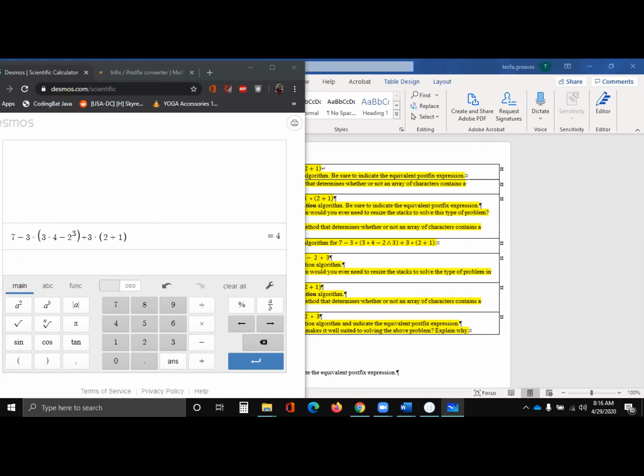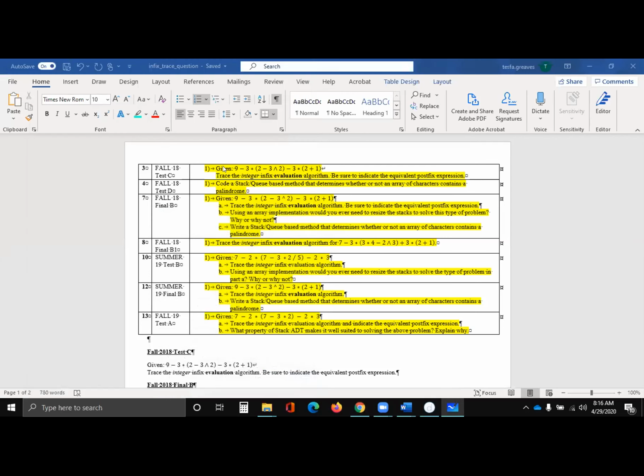We have to be very precise with what we're doing. So let's look at something like, we're going to use the same question, of course, but is one of these questions like number 3, trace the integer infix evaluation algorithm? Be sure to indicate the evaluation postfix expression. So something like that. It also is in number 7, that last part.